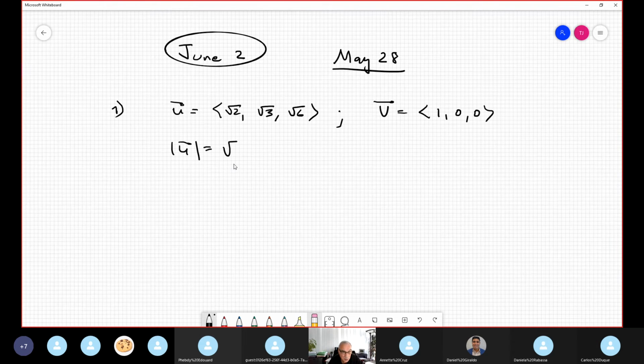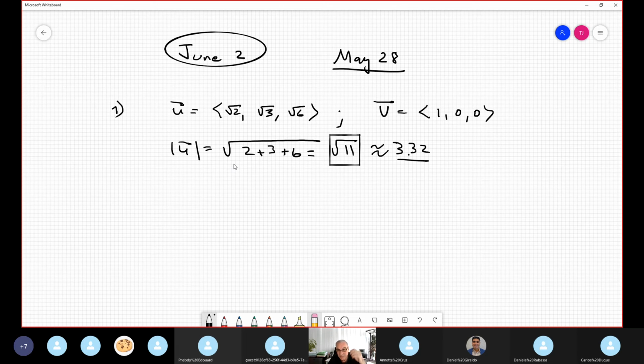Super easy: square root of each component squared, 2 plus 3 plus 6, which is √11. Approximately, in decimal approximation, 3.32. Not necessary, you leave it like that, perfect. And vector b is obviously 1, because the only component that stays alive is the first component: 1 squared plus 0 squared plus 0 squared.